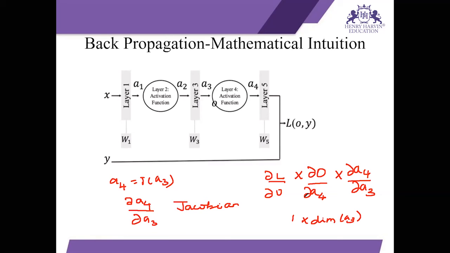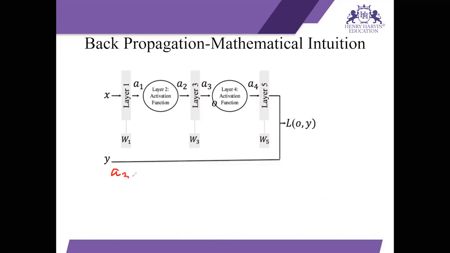Note that since our activation function does not have any weights, we do not do any weight updates, so no weight update dou L by dou W3. However, this gives us a quantity which we can use. To compute the derivative of the loss with respect to the weight W3, we should first compute the Jacobian of A3 with respect to W3, right?